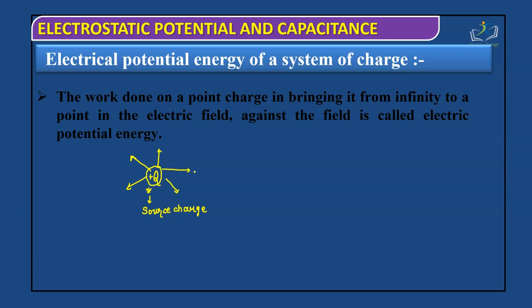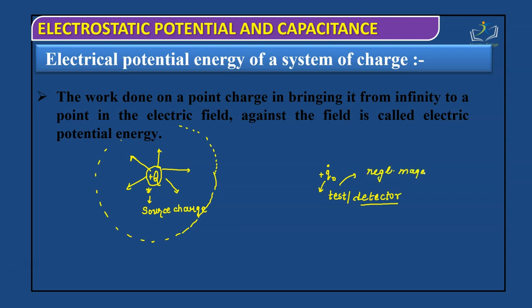Now, because of this electric field, if another charge of the same nature, a test charge, which is a detector, is taken, it has a very small or negligible magnitude.